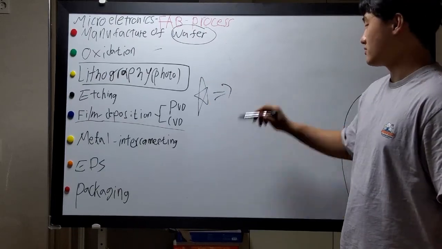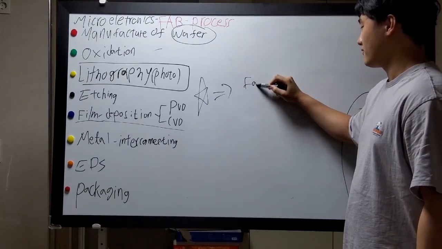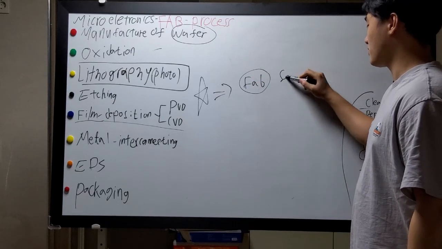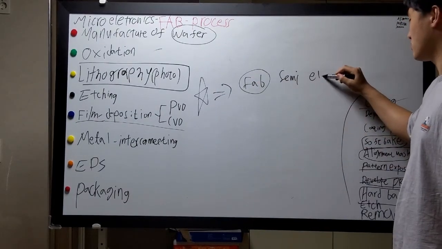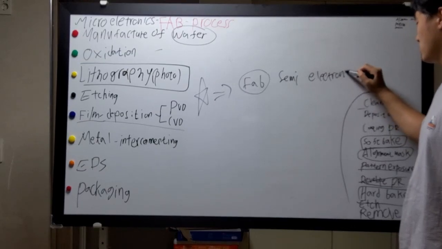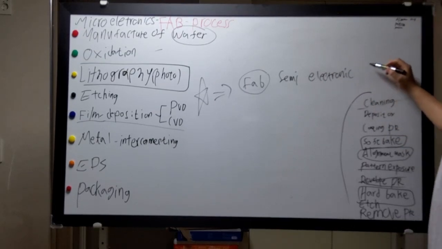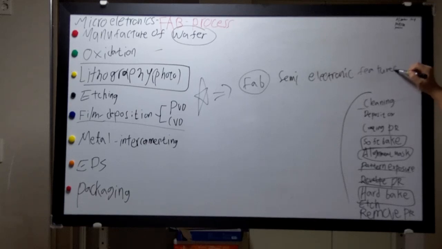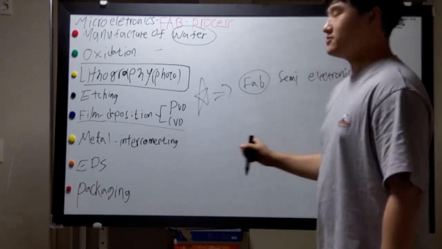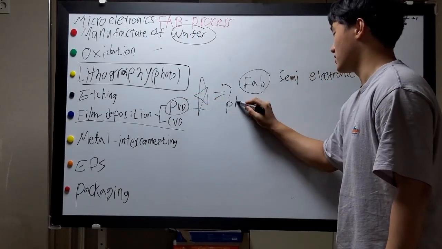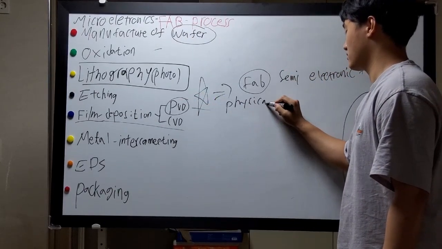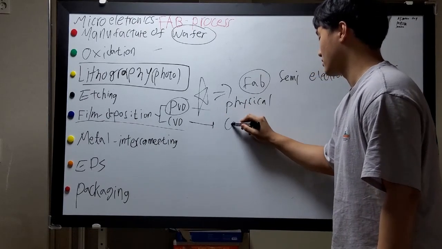After film deposition, the fabricated semiconductor will get some electronic features. So there are typically two ways. First PVD, physical, and secondary, chemical.